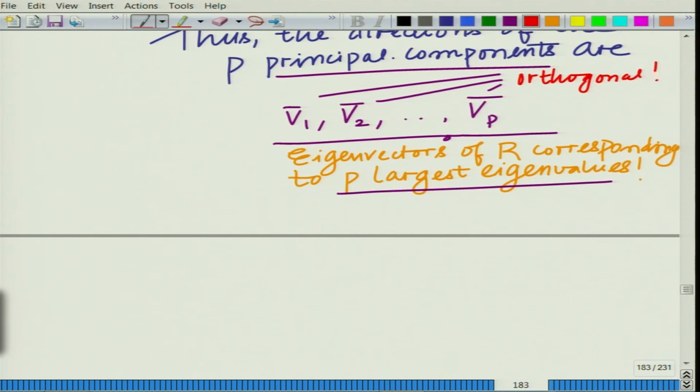Orthogonal, because recall R is PSD. So this implies the projections are going to be uncorrelated, right.